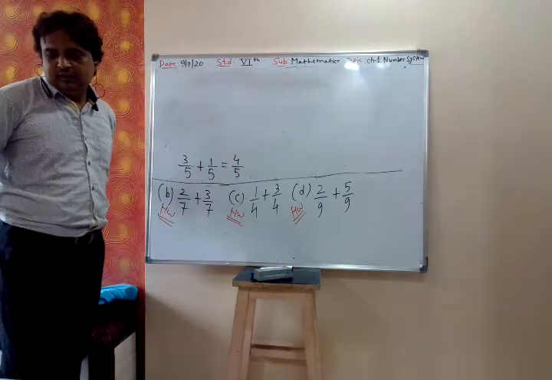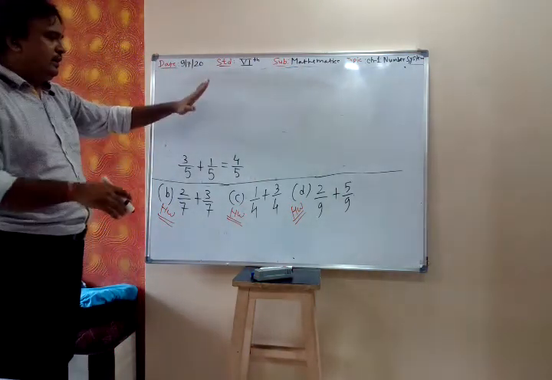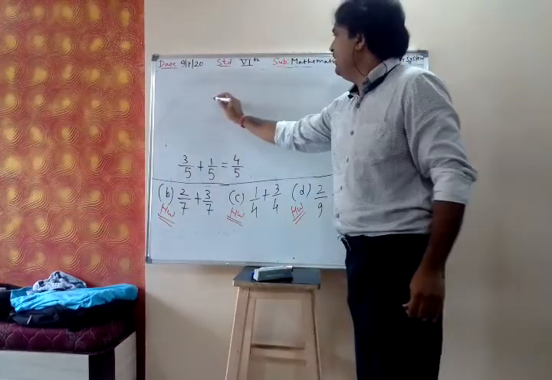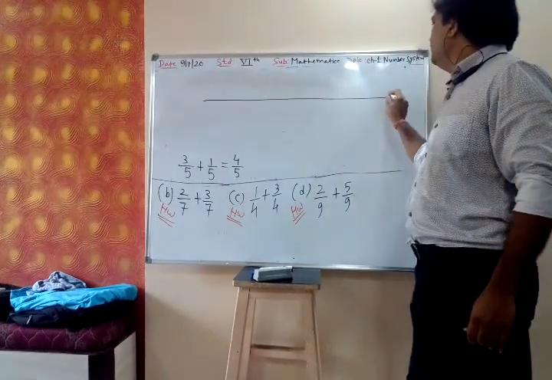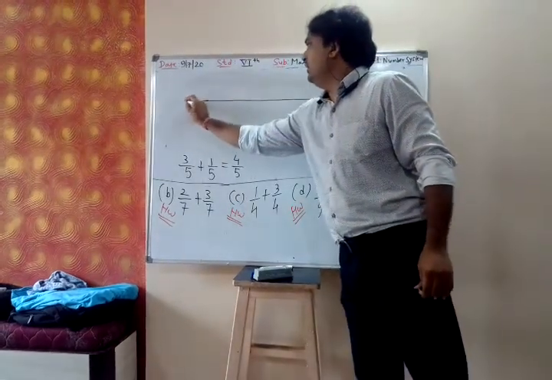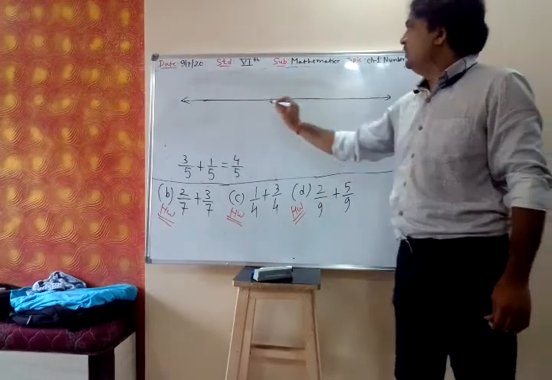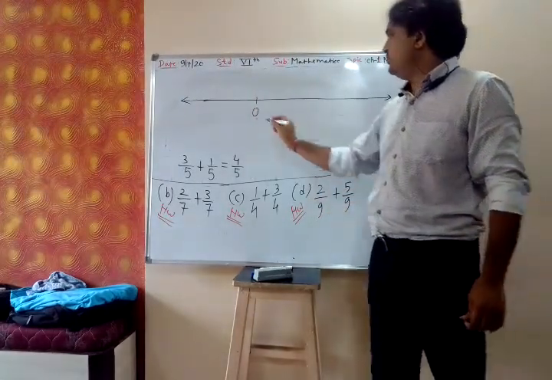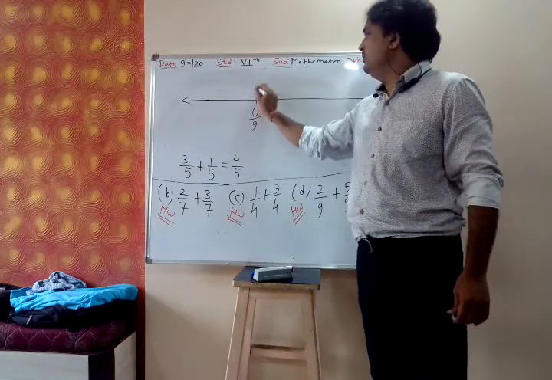Now let us do D part. Let me explain D part. Divide the number line between 0 and 1 into 9 equal parts. So 0 upon 9 is 0.